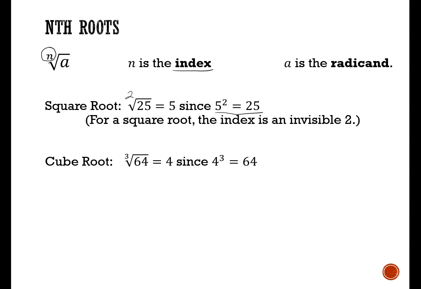If we were doing a cube root, which is what it's called when your index is 3, then the answer is a number that to the third power gives you the radicand. So cube root of 64 is 4, since 4 cubed is 64. In other words, since 4 times 4 times 4.